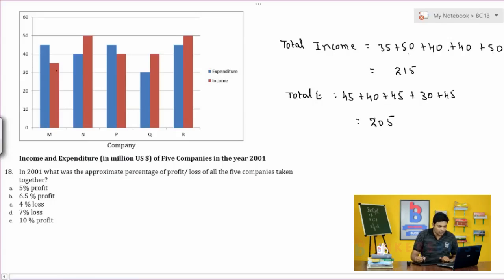So total expenditure is 205, total income is 215. Profit is income minus expenditure, which is 215 minus 205, which is equal to 10.